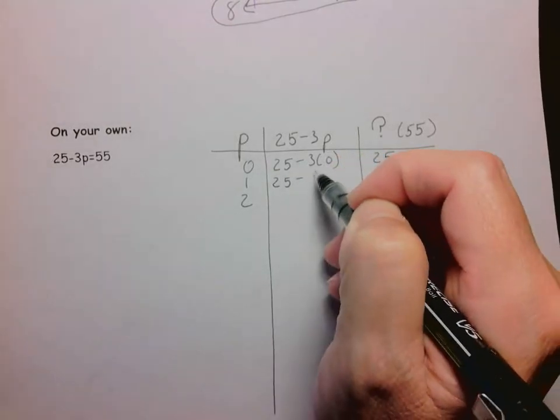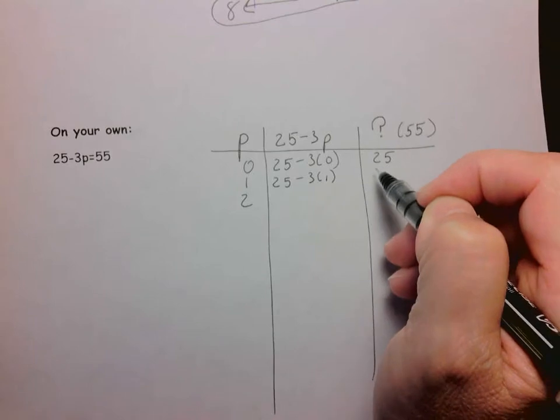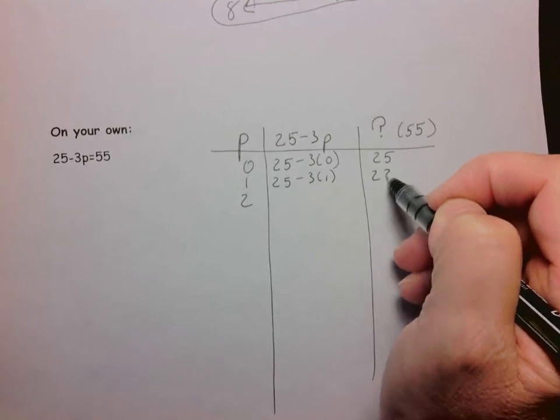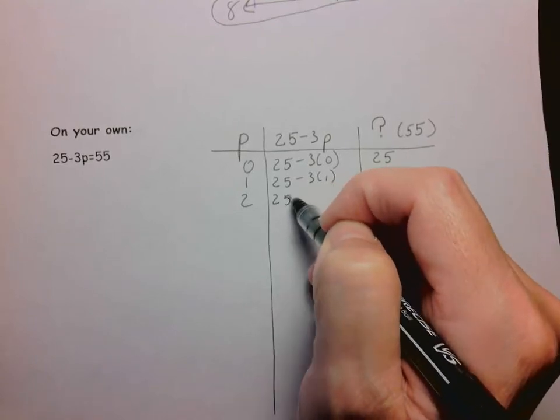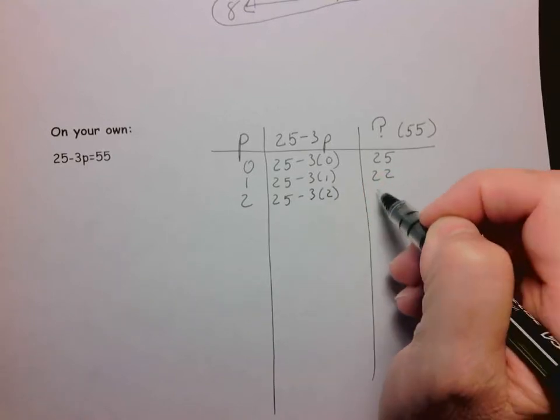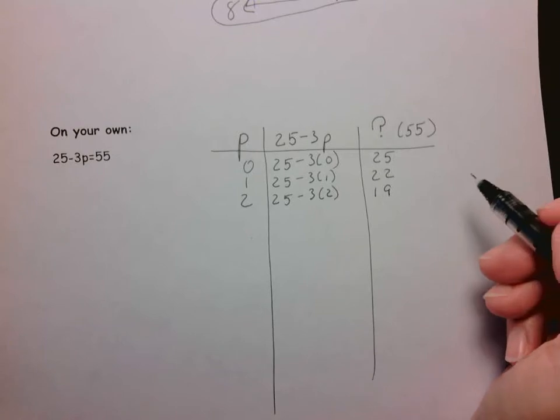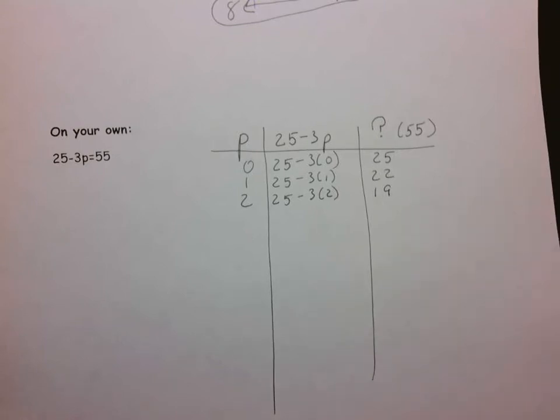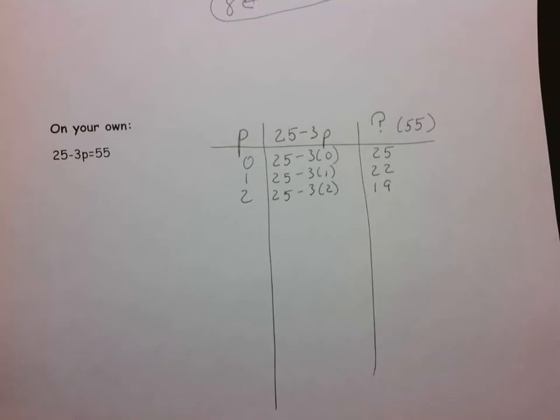I input 1 and I output 22. I input 2 and I output 19. All right, I'm going to stop right there because I got a problem. I'm going the wrong way. I'm trying to get to 55 and I'm going the wrong way.